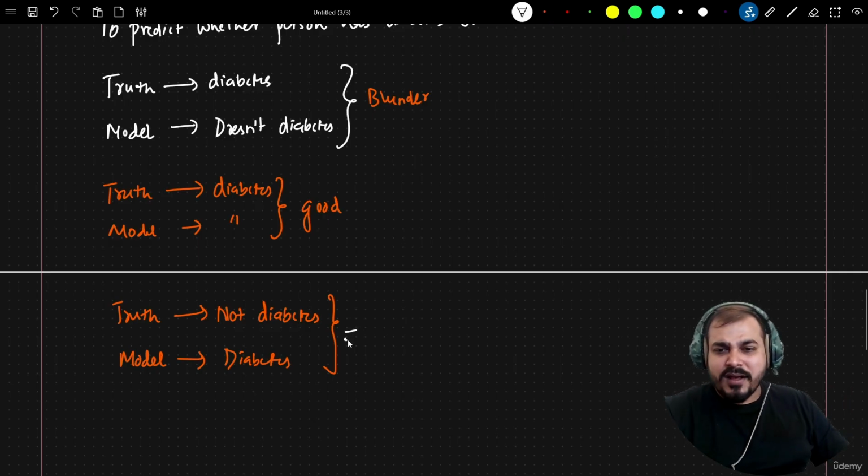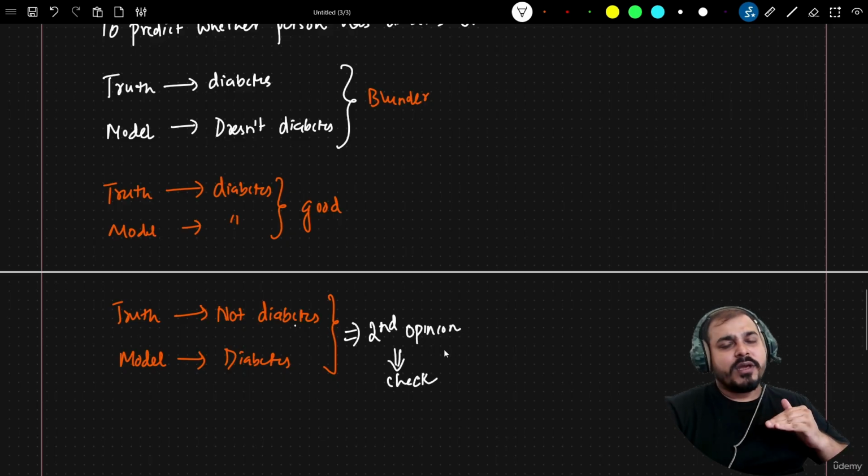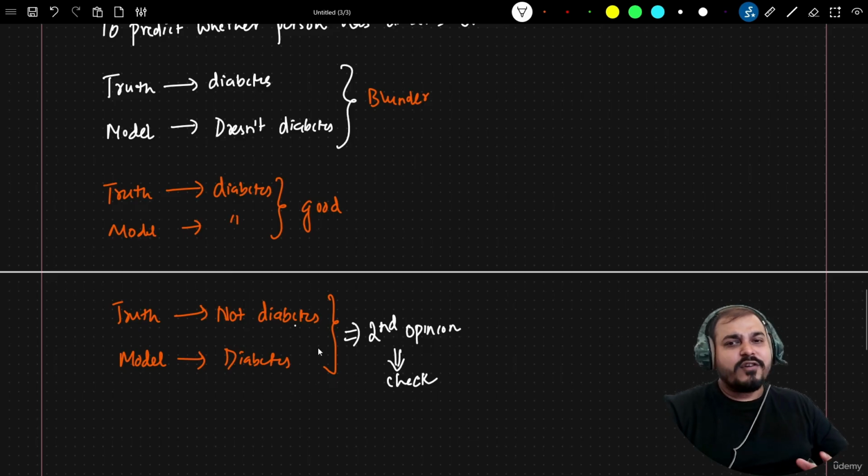The person will go and probably recheck or take a second opinion in the hospital, right? So this kind of error is fine. It can happen. No worries with that, but we need not focus much on this, because the person can get a second opinion and they can actually check in the hospital by doing various tests, right? So in this particular scenario, we will not focus on this, but this scenario we will try to focus on.